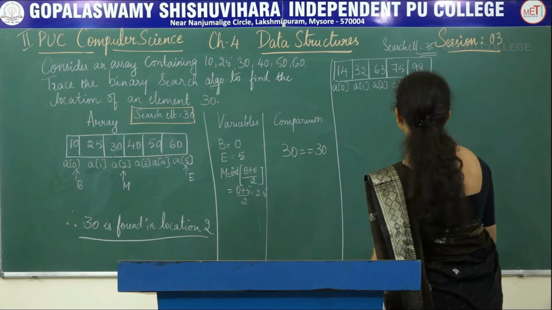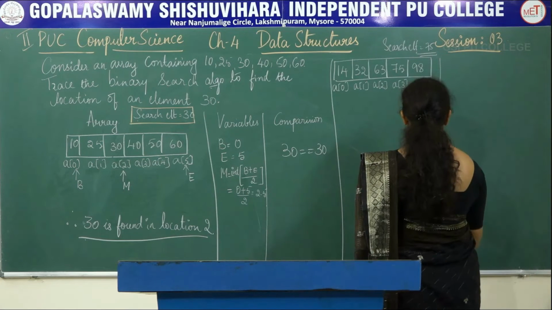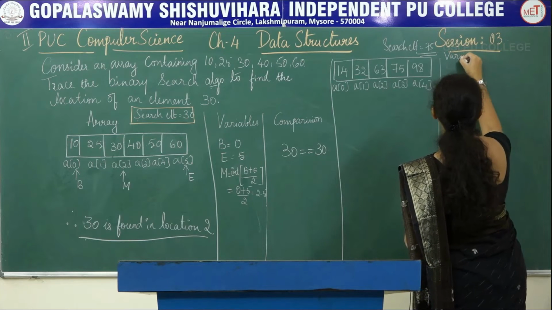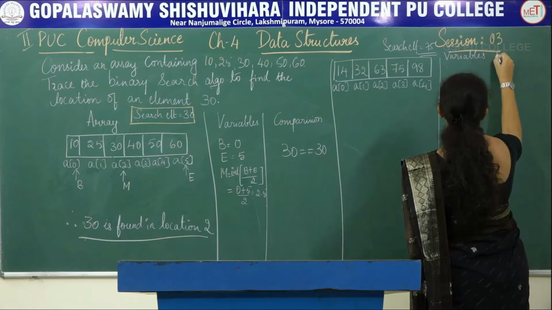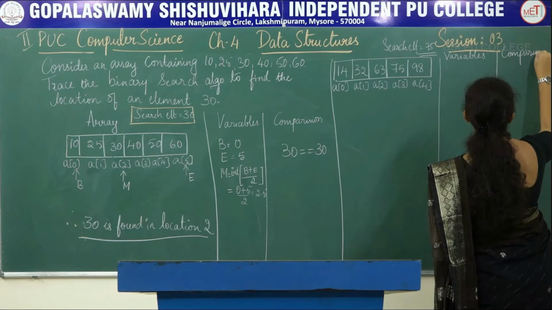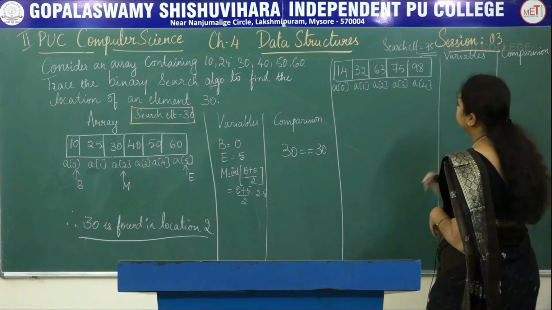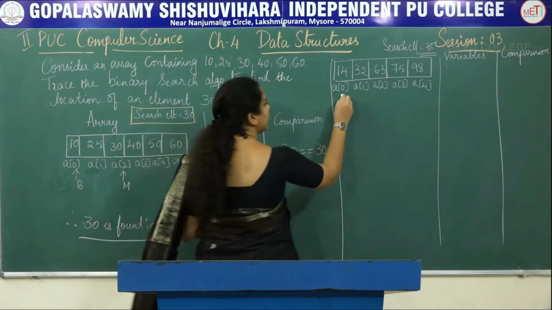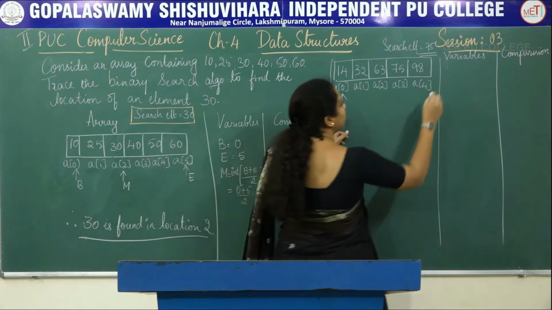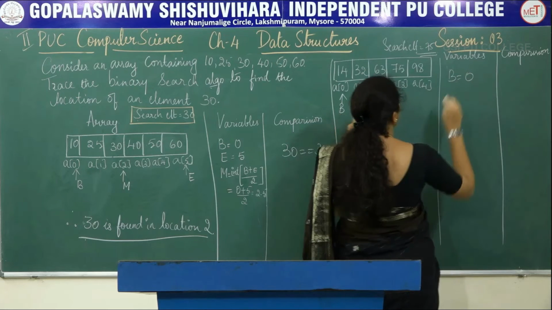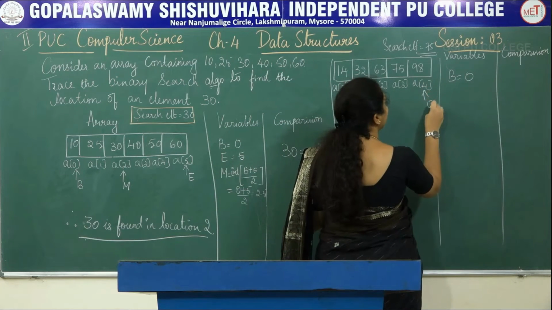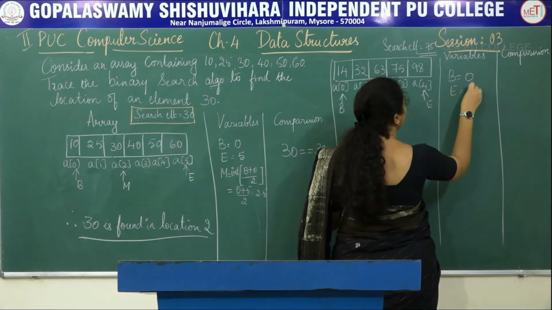Variables and comparison. What is the beginning element of an array? That is 14. The value of B becomes 0. Next, the end of an array is 98. Hence, the value of E is 4.